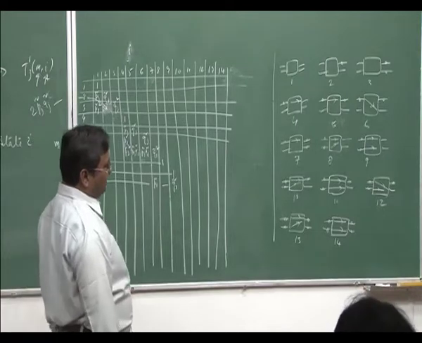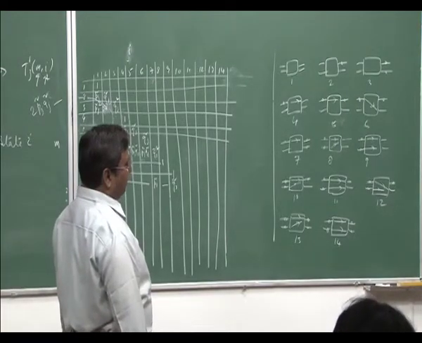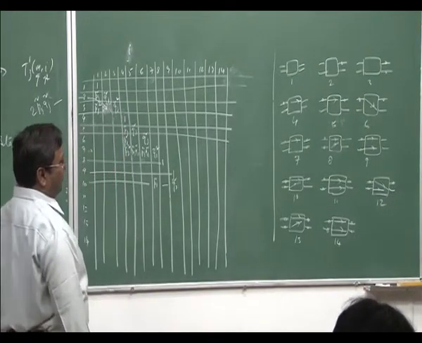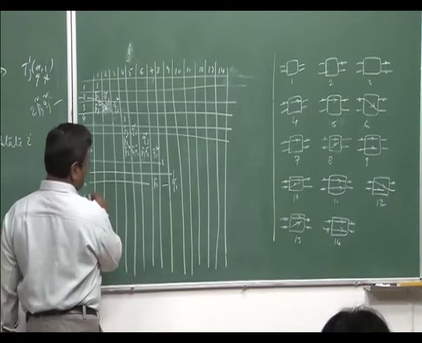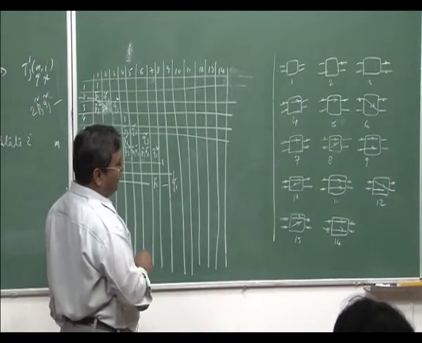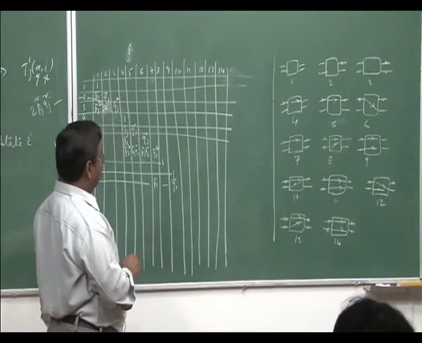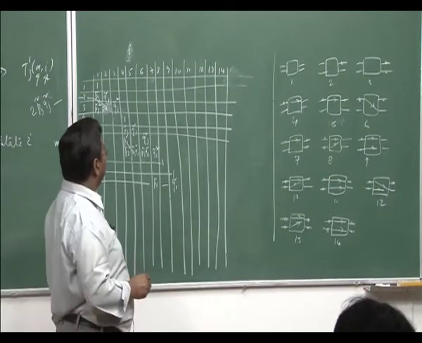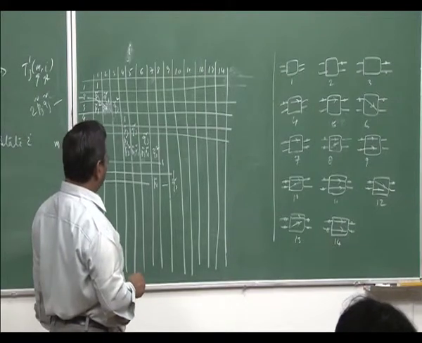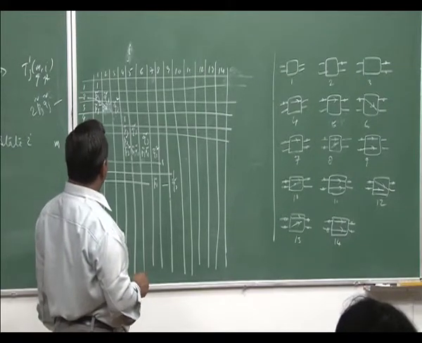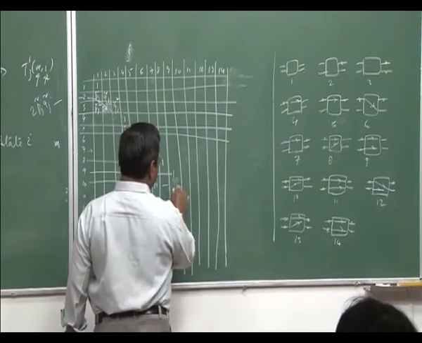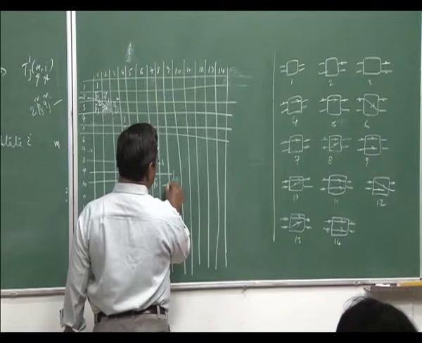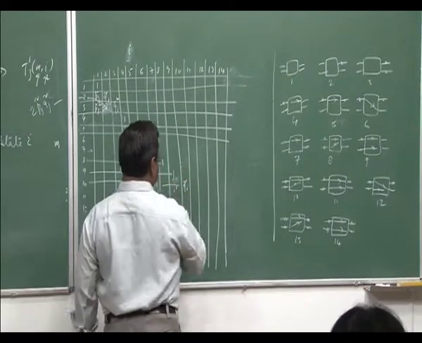11 will either remain 11 or will become 9? It will be 8 in the 10 row. Column 8. 10 row, it should be column 8, Pj tilde. I made a mistake somewhere. 8 here. This was a mistake.